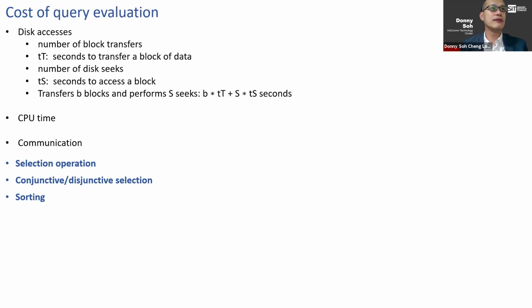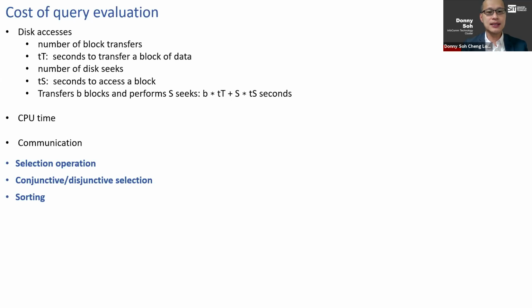The cost of query evaluation depends on the disk access, which depends on the number of block transfers, the time it takes to transfer a block, the number of disk seeks, and the time it takes to access a block.